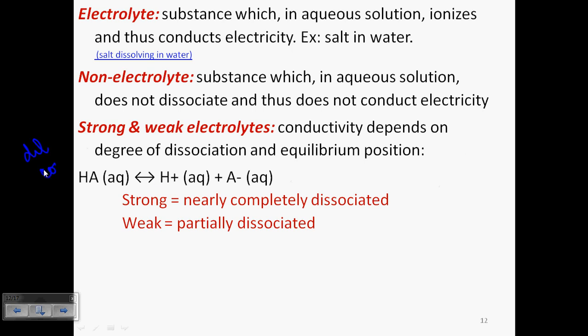Dilute acid and concentrated acid is just how much acid is present in the solution. It's showing concentration. But a strong acid, which is dilute, will still completely ionize. A weak acid, which is concentrated, will still only partly ionize.